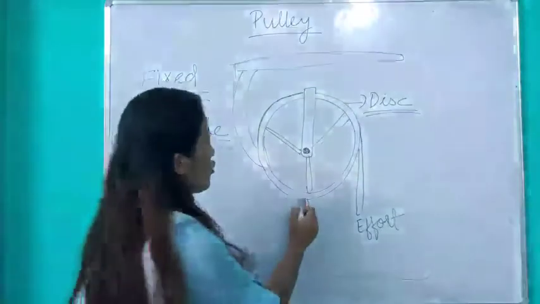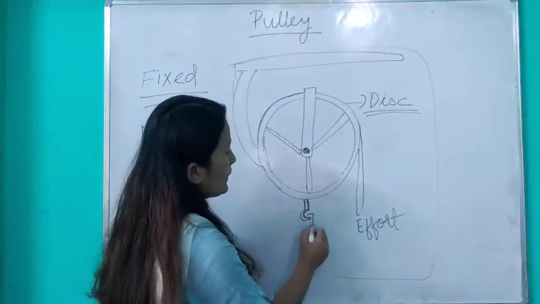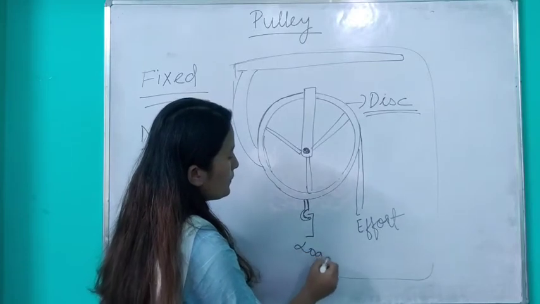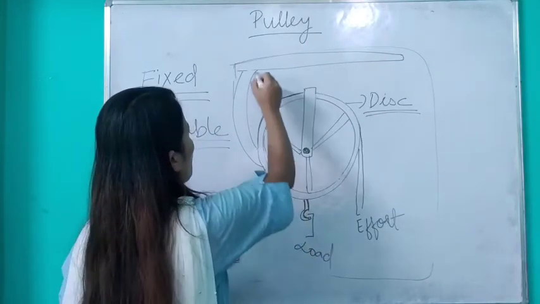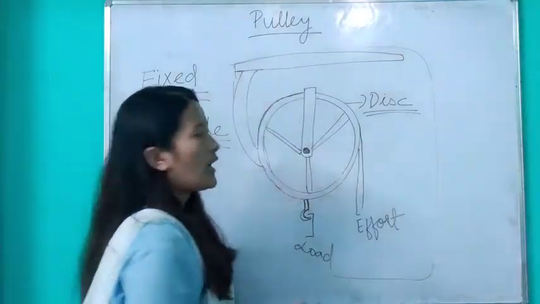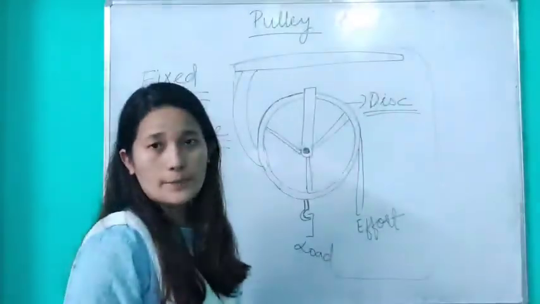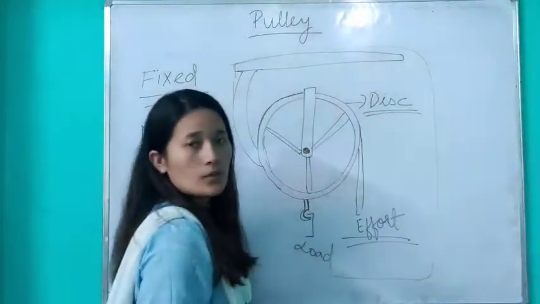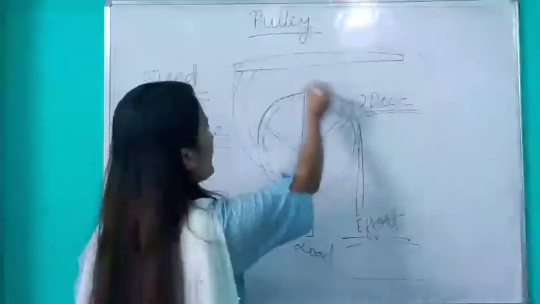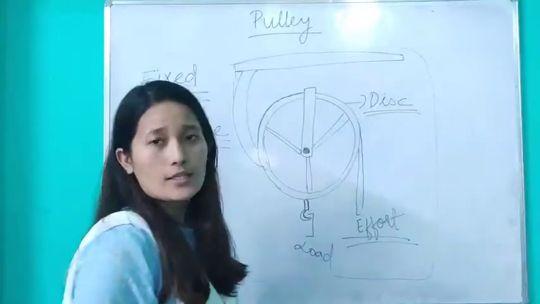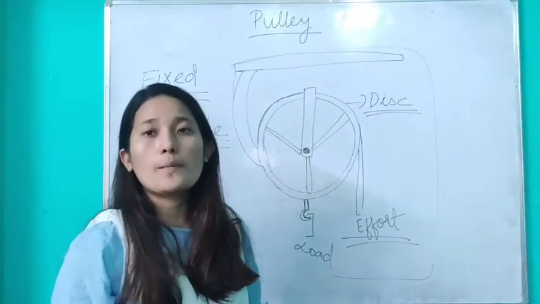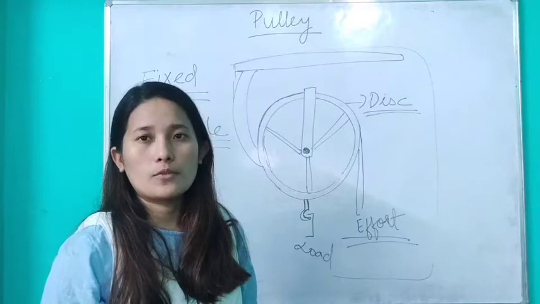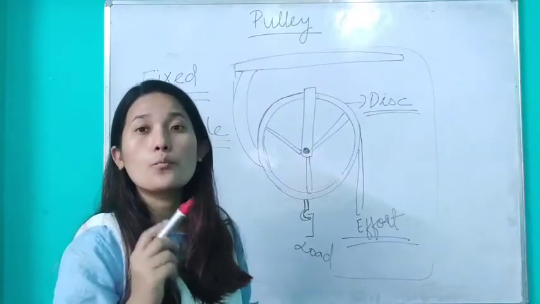It has a hook-like thing where you will be clinging the load. One end of the rope is fixed to a support and another one is free. We will apply the effort here and your wheel will be moving. That's why it is referred to as a movable pulley system. Here your wheel is movable.